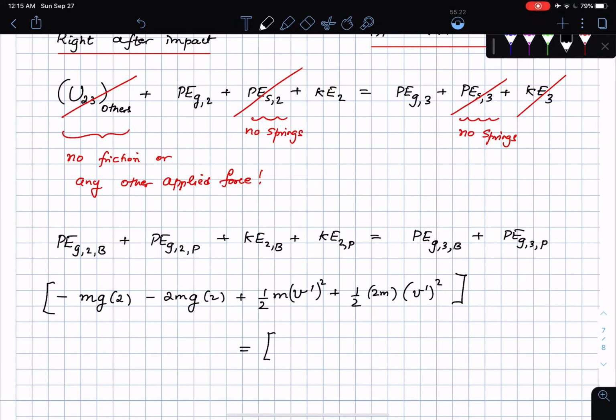On the right hand side, I have PE G3 of the ball, which is minus mg times 2 times cosine theta max, and then minus 2 mg times 2 times cosine theta max. That's what I have in terms of the potential energy on the other side.